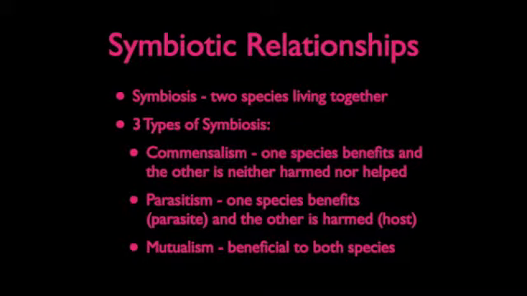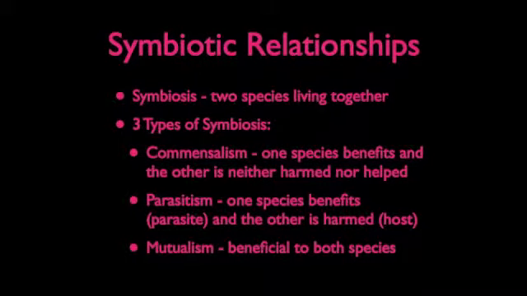Mutualism is probably the easiest one to remember because you've heard of the word mutual before. With mutualism, both species are going to benefit from it. Meaning that species A is going to get something out of it and species B is going to get something out of it. A good example for mutualism is the pollination of flowers.